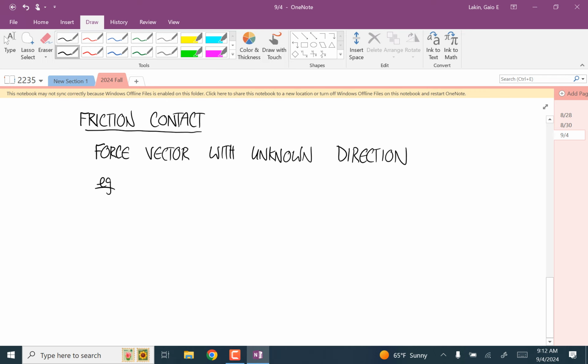So for example, if you have a ramp, and let's say this is a 2 kilogram block sitting on the ramp, and then there's a 1 kilogram block sitting on top of it.